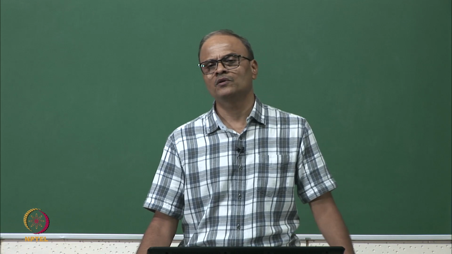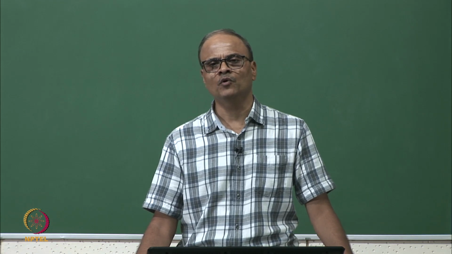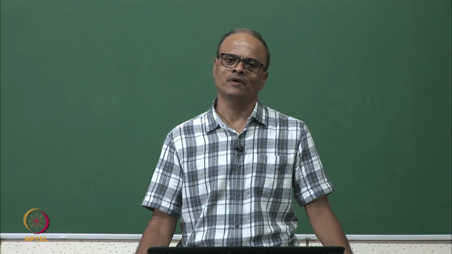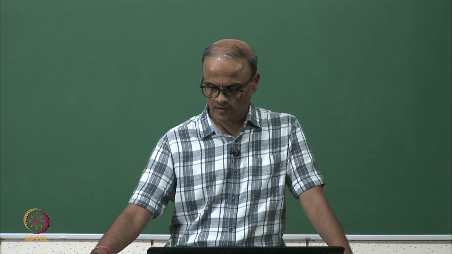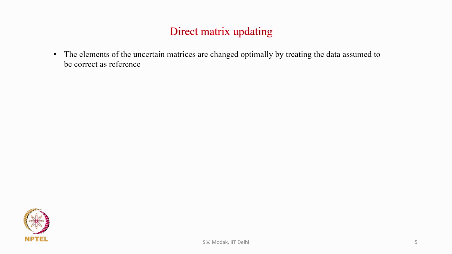Now, in this lecture we are going to study in a little more detail one of the direct matrix updating methods. So, let us look at what is direct matrix updating. Direct matrix updating essentially updates the elements of the uncertain matrices in an optimal manner by treating the data assumed to be correct as reference.